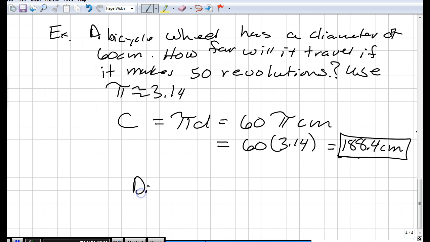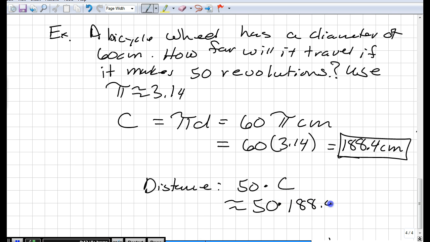So the distance is 50 times the circumference. So it's going to be approximately 50 times 188.4, which gives us 9,420 centimeters.